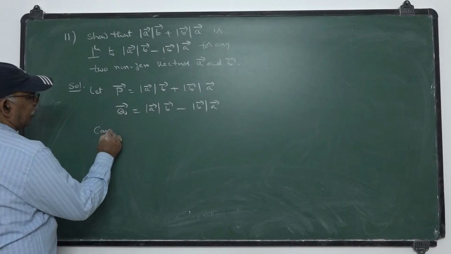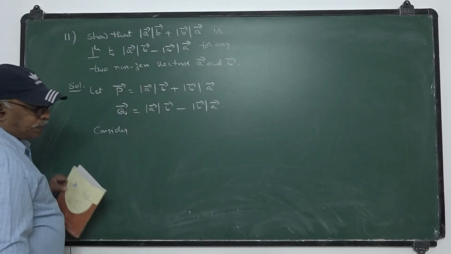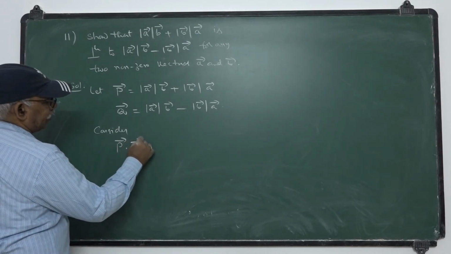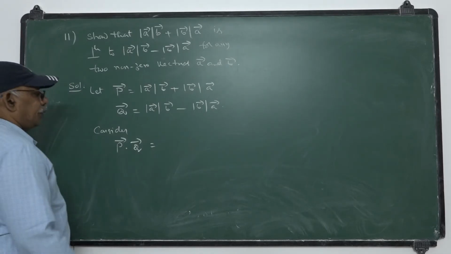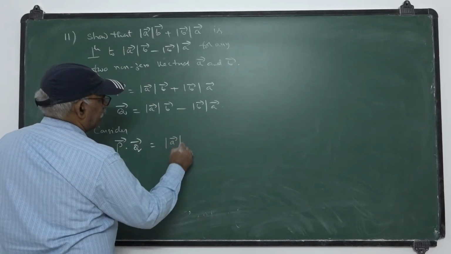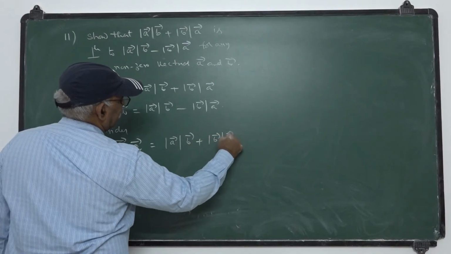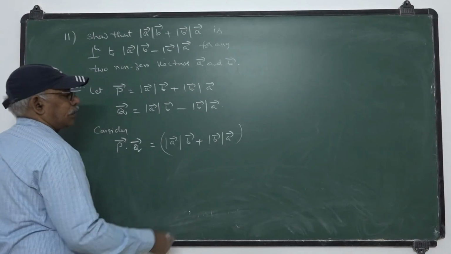Consider, to show these two vectors are perpendicular, the dot product P bar dot Q bar, that is mod A bar B bar plus mod B bar A bar, say m into B bar plus n into A bar.